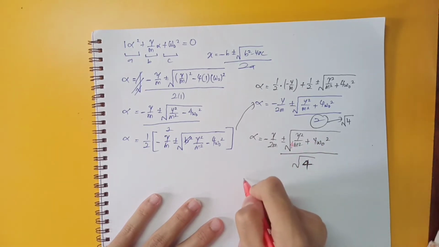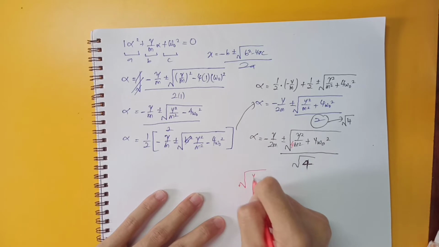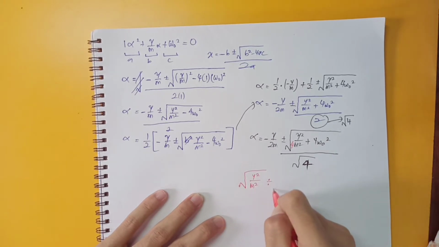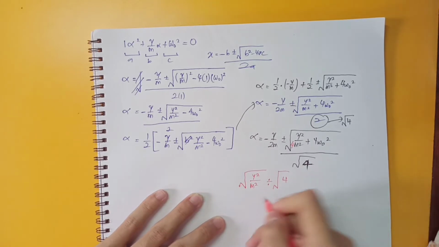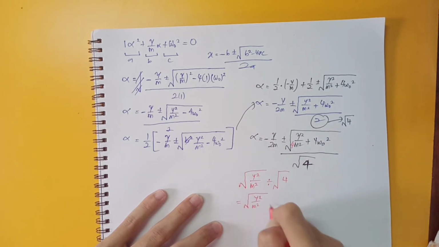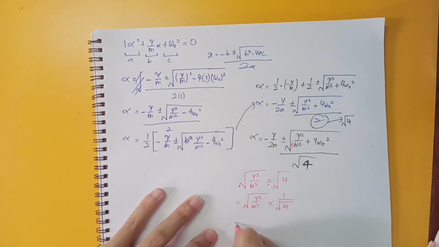It's like we do this: square root of gamma square over m square divided by square root of 4, which is equal to square root of gamma square over m square times 1 over square root of 4. So finally we get square root of gamma square over 4m square.